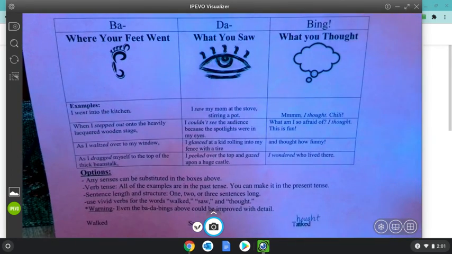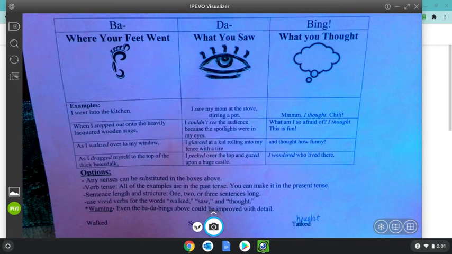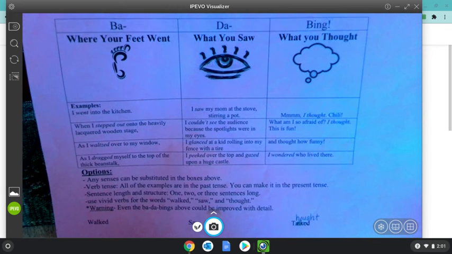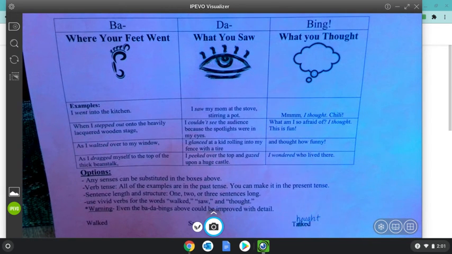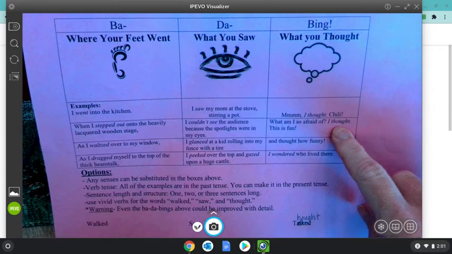This is fun. So, great image. I can imagine the shiny planks of the wooden stage. If you've ever been on stage, you can relate that there's a glare and it's almost a good thing because you can't see anyone in the audience and you just do your thing. And notice how thoughts are not in quotation marks.